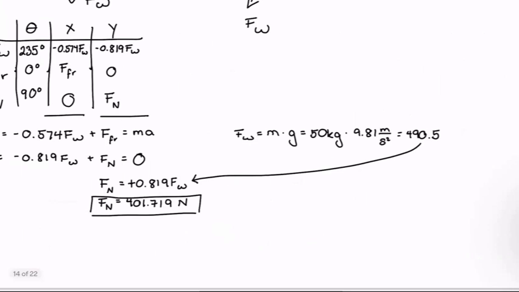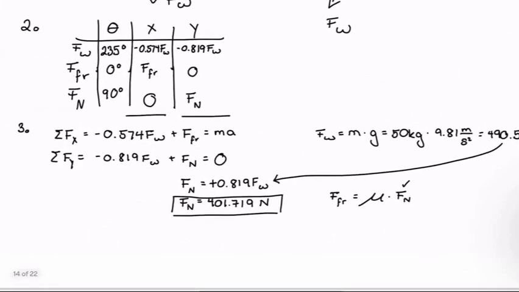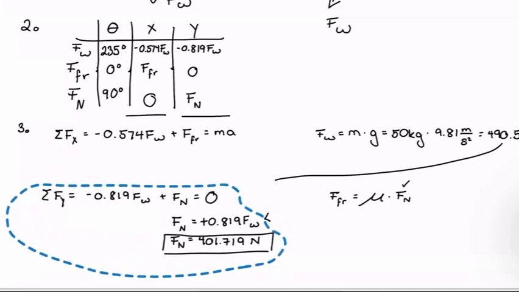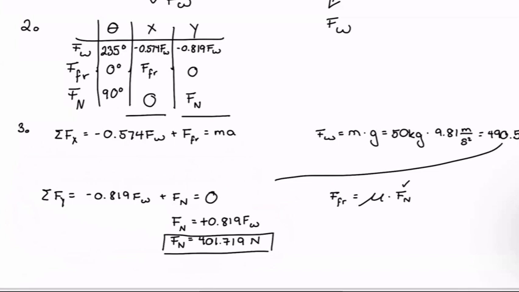Therefore, I'm going to go to my friction is equal to my coefficient times my normal force. The normal force I already have. The friction I don't have just yet, but I can get it. This is actually newtons over here.